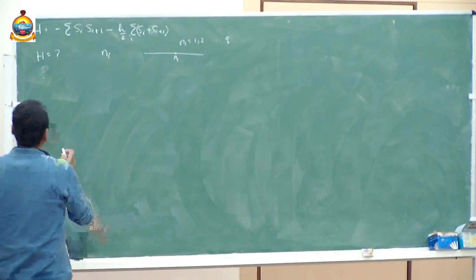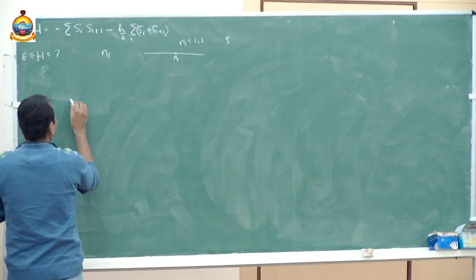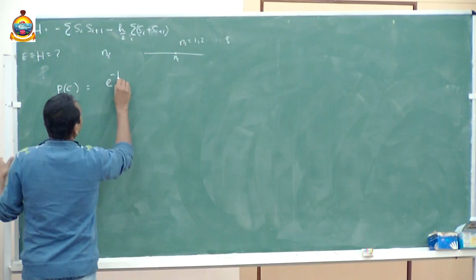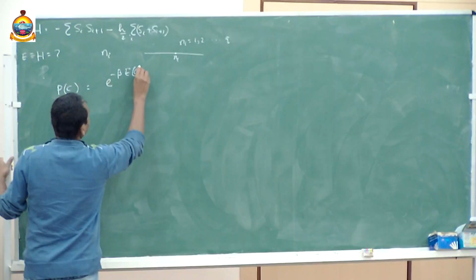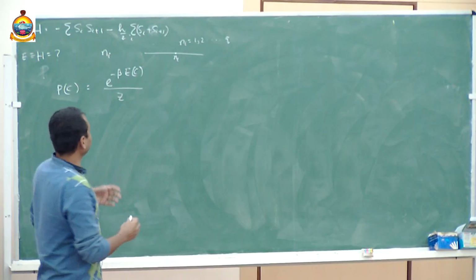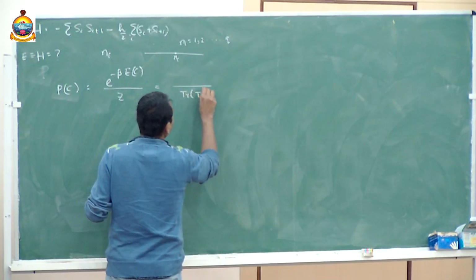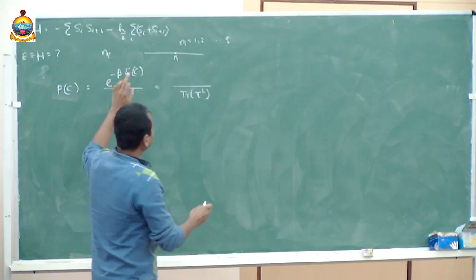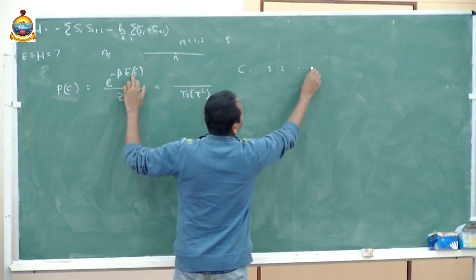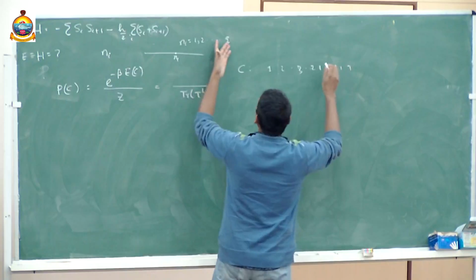So now what we know is that the probability of a configuration is e to the power minus beta E of C divided by Z, and Z is just trace of T to the power L. And the configuration is something like 1, 2, 3, maybe 2, 1, 1, 3, 3, 1, putting q equal to 3.